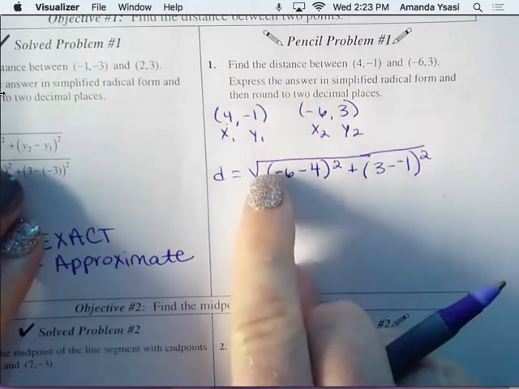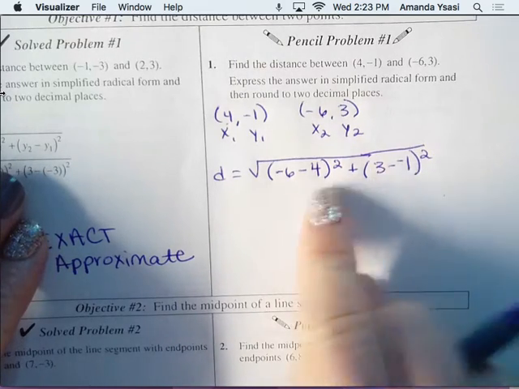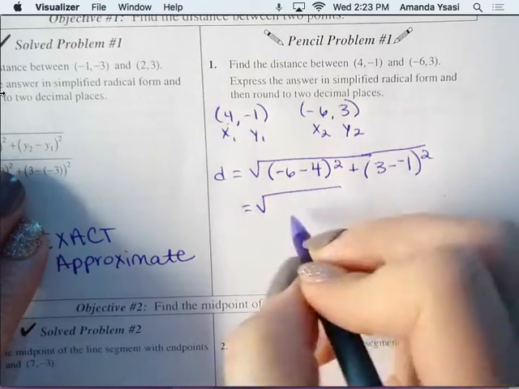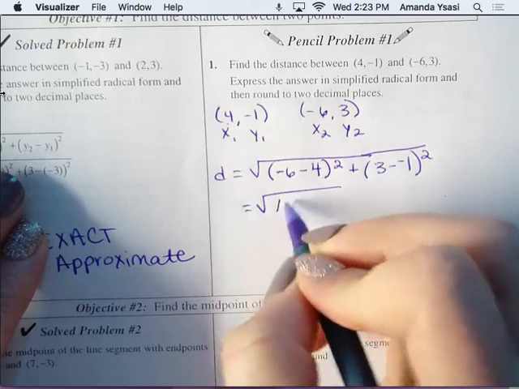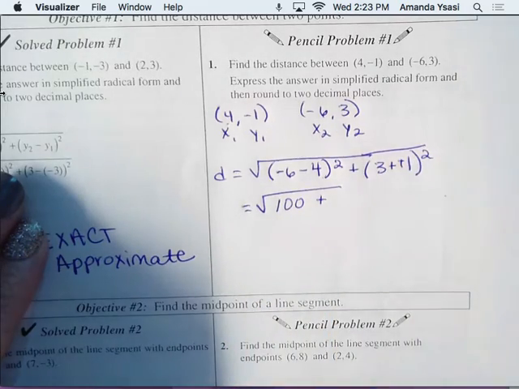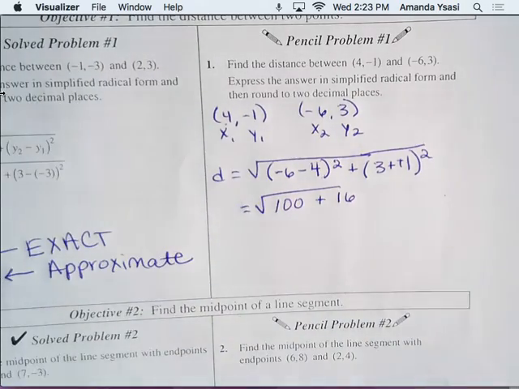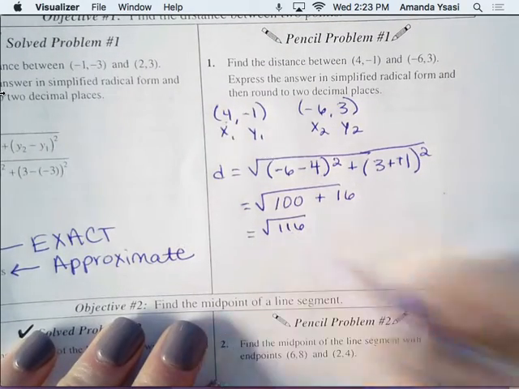If you want to put the inside into the calculator and simplify the inside using the calculator, that's fine. I just go ahead and do it. I know -10 squared is 100, plus 16. Y'all double check me. It's right? Okay. So then it's the square root of 116.